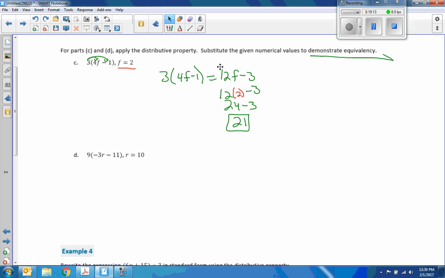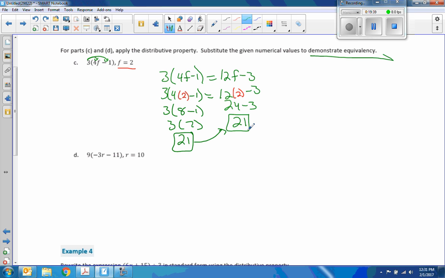So I did 3 times 4f equals 12f, 3 times negative 1 is negative 3. Now I just need to prove that if I plug in 2 on this, 3 times 4 times 2 minus 1 equals, and then do PEMDAS. 4 times 2 is 8 minus 1. 8 minus 1 is 7. 3 times 7 is 21. So I got the same answer. Okay?